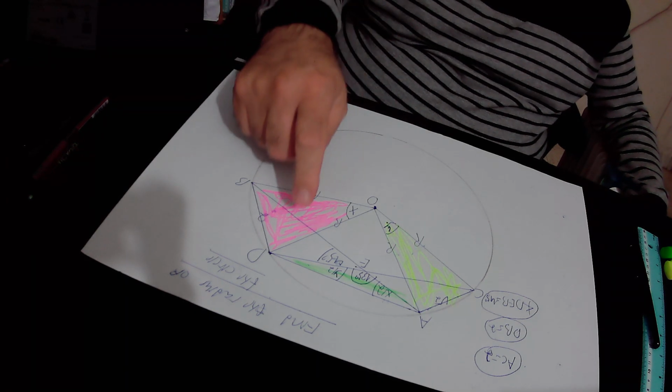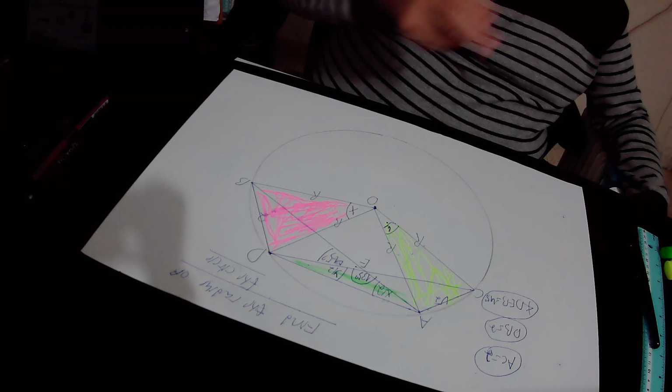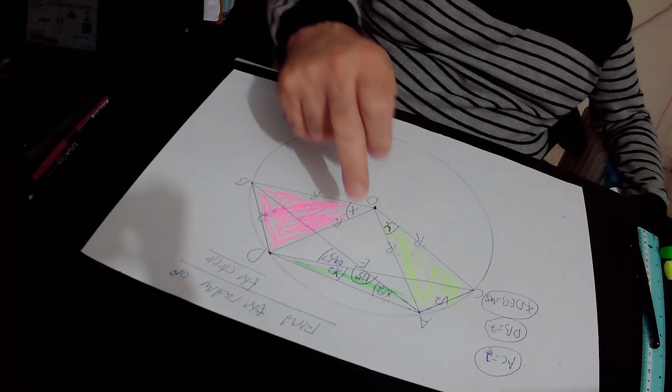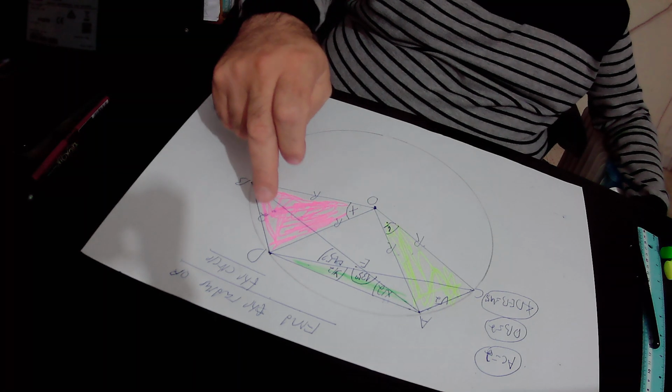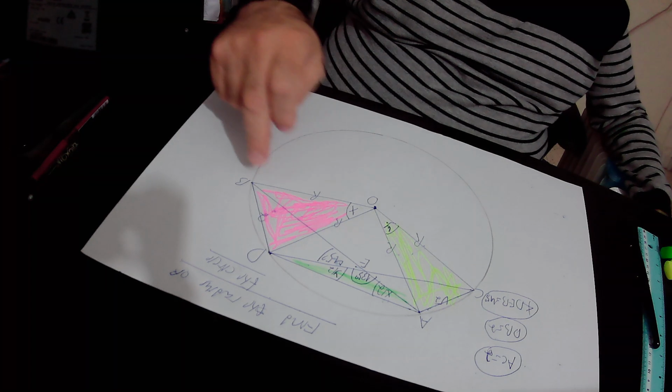Therefore, DB is not the diameter of the circle. Why? Because any diameter of the circle must pass through the center of the circle. And because chord DB doesn't pass through the center of the circle, DB is not the diameter of the circle.